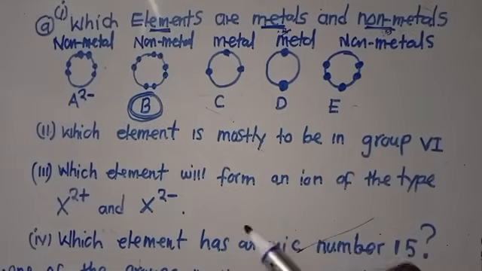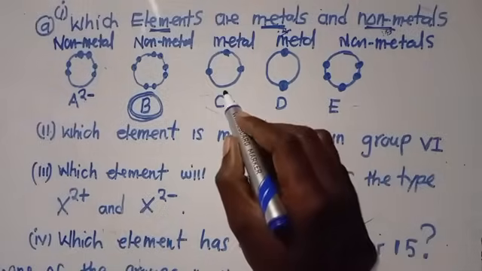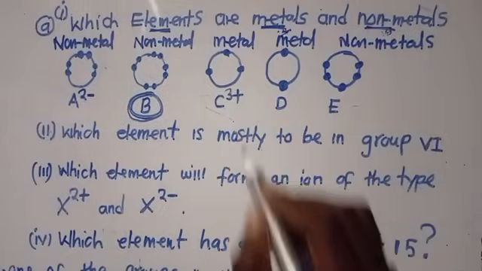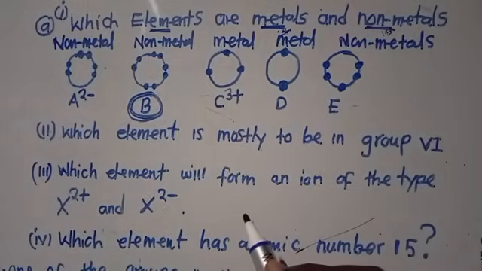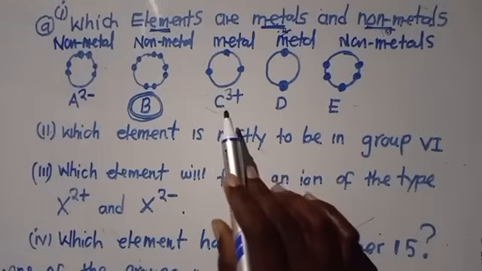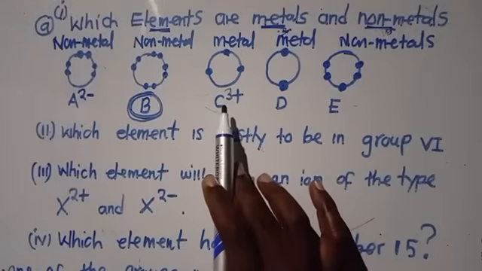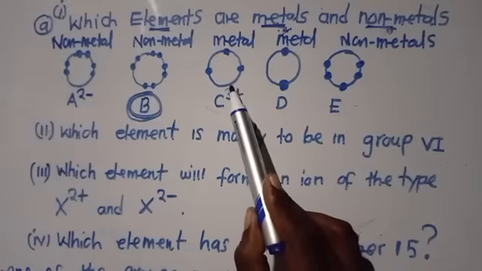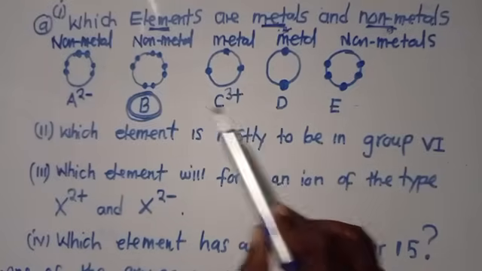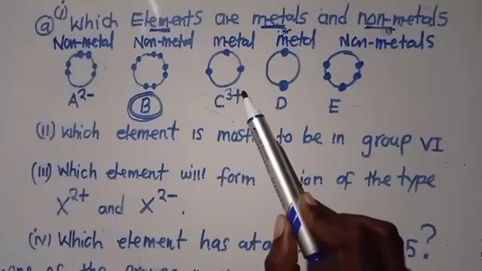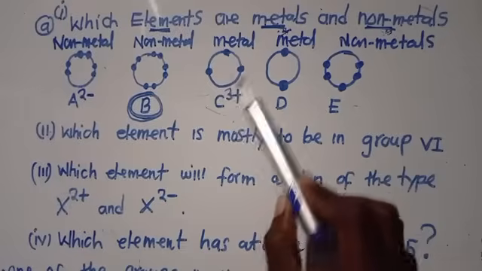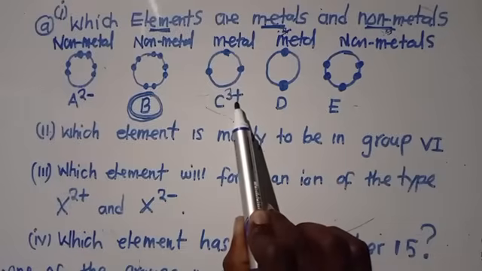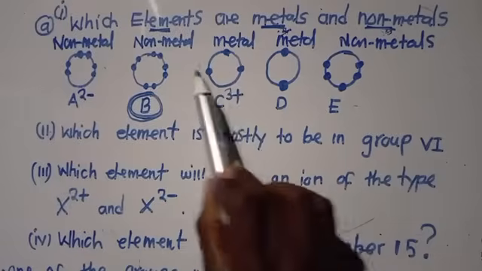3 plus. This is so good. Why is it forming a plus? Because this is a metal, and metals lose electrons for them to be stable. When they lose electrons, they become positively charged. So this one is losing all these 3.